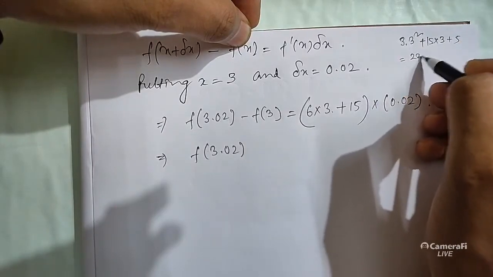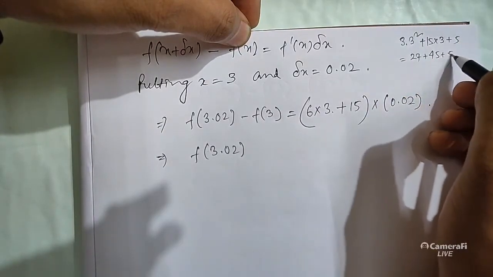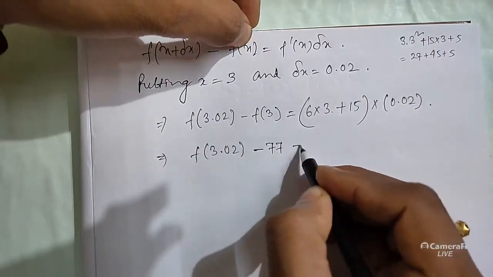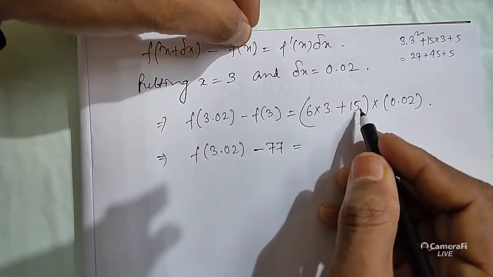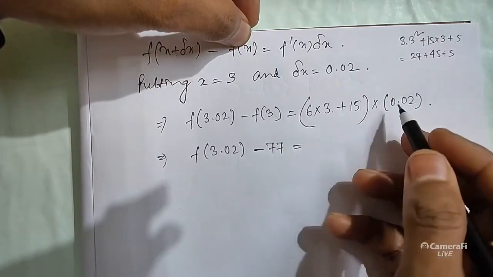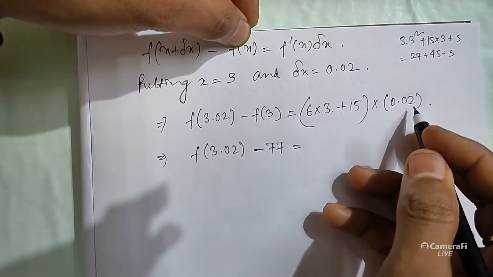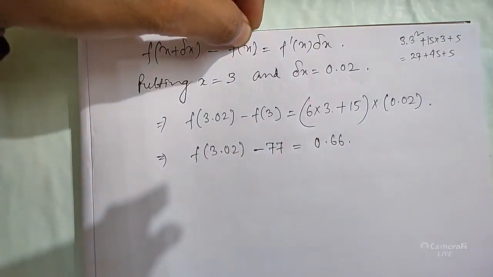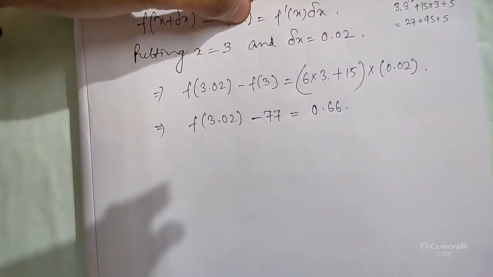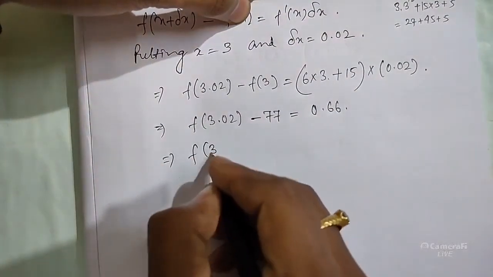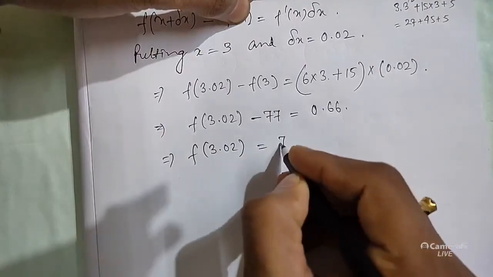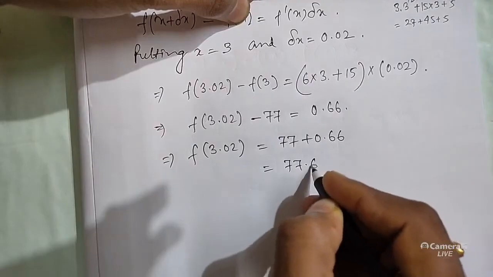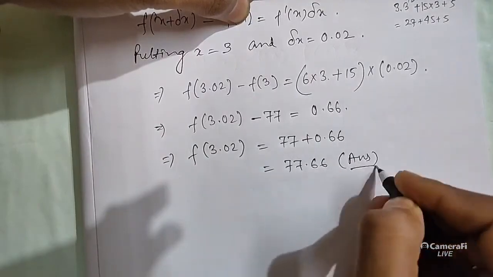That is 9 threes are 27, plus 45 plus 5, 77. 6 into 3 is 18 plus 15, that is 33. 33 into this, 33 into 0.02 is 0.66. So f(3.02) equals 77 plus 0.66, which is 77.66. This is the answer.